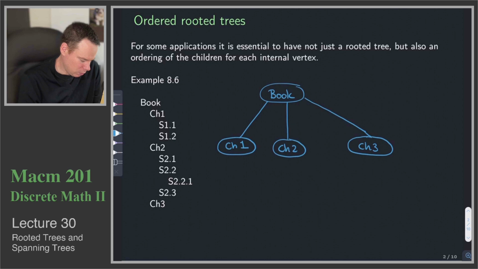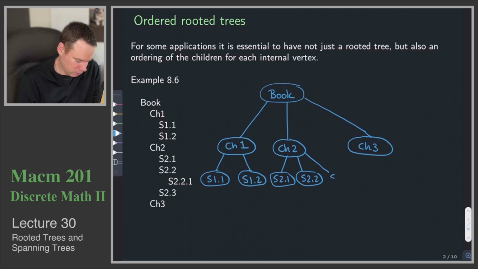And then from that, chapter 1 has a couple of sections, and they also have an ordering to them as well. So there's a first section of chapter 1, and then there's a second section of chapter 1. Chapter 2 has a first section, a second section, and a third section.